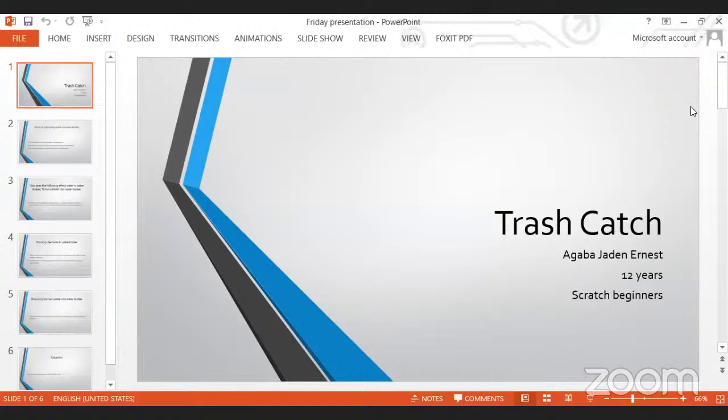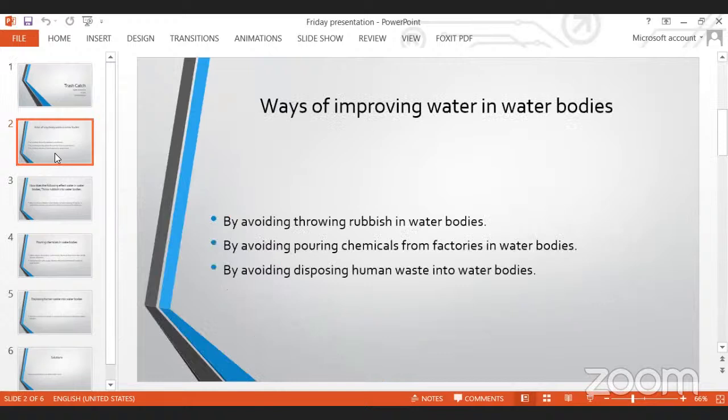So for me, I made a project which I call Trash Catch. Trash Catch is a game that's about collecting rubbish in water bodies. So I asked myself, what are the ways of improving water in water bodies?